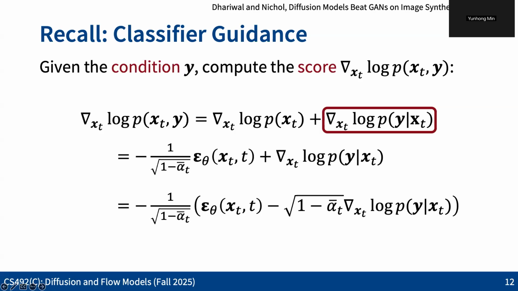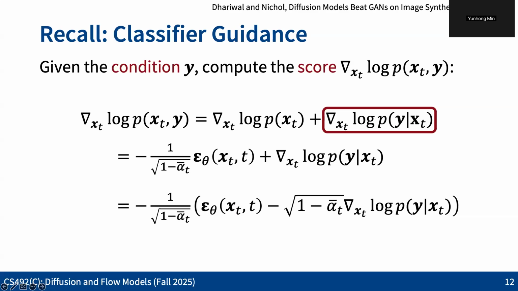The score for the joint probability can be decomposed into the marginal score here and also the likelihood score here. So it's a matter of how we can compute the likelihood score here, in that we are injecting some offset into each of these score functions here.